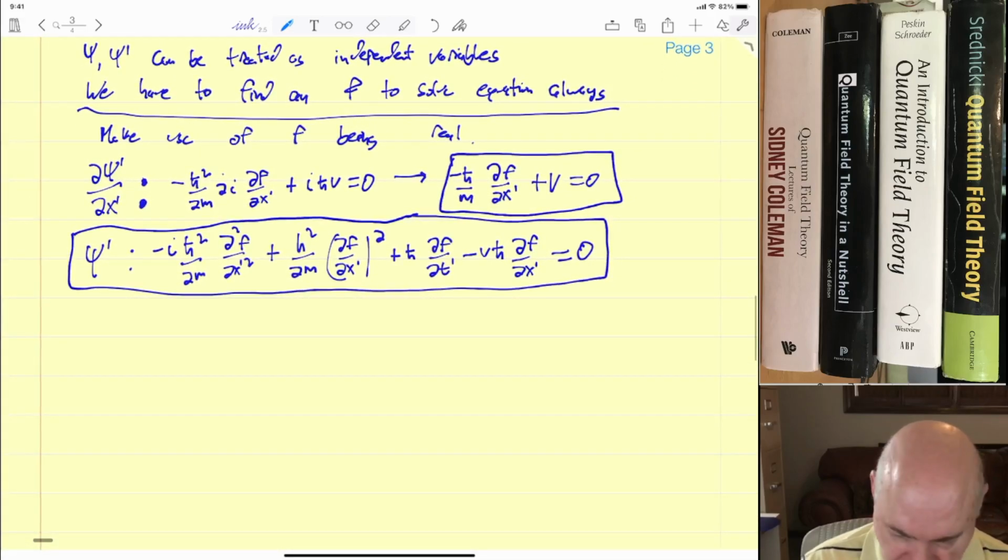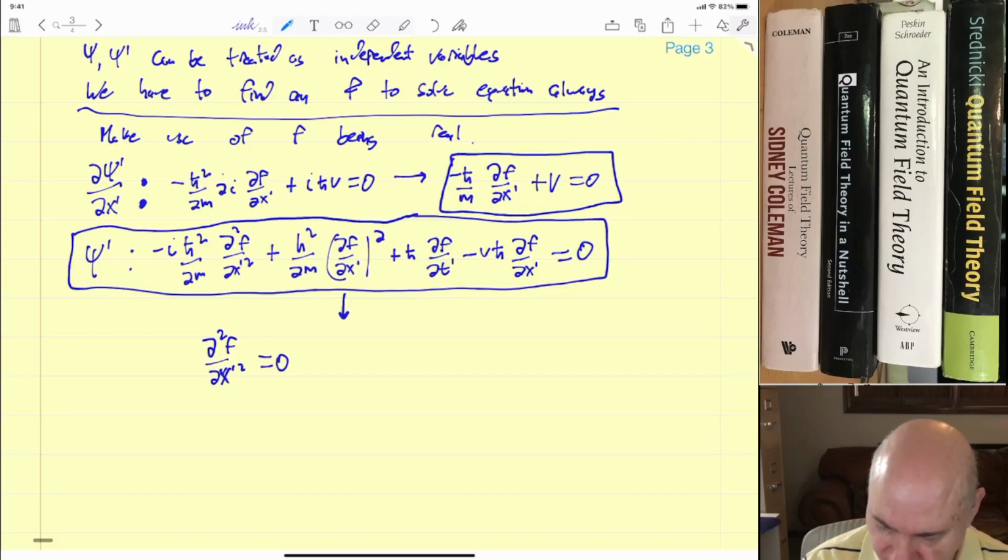Okay. But this equation is really 2 equations, because we can take the real part and the imaginary part. So the imaginary part is only one thing, this part over here. So this implies that the second partial of f with respect to x prime is equal to 0. And then we can take the real part, because f is real.